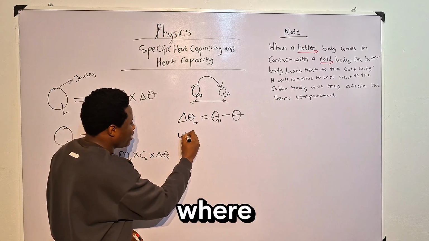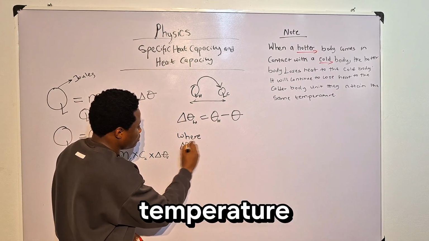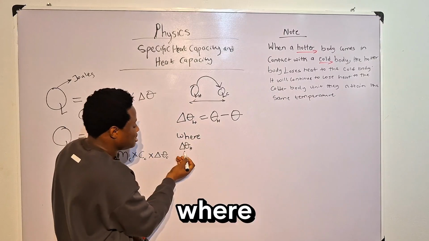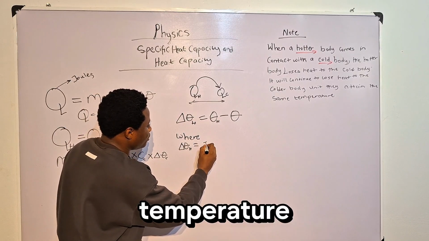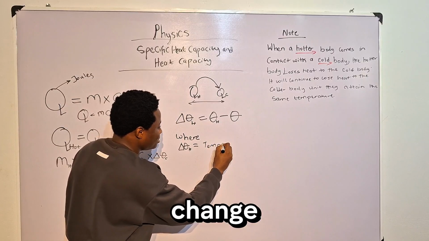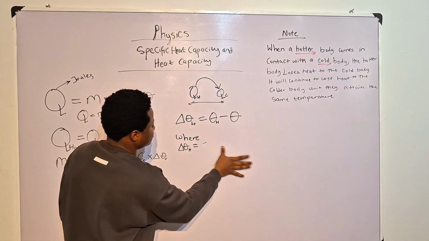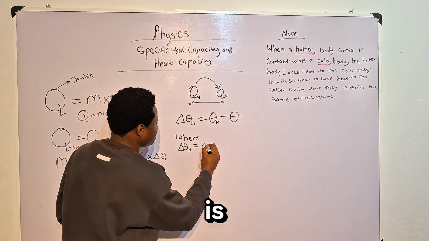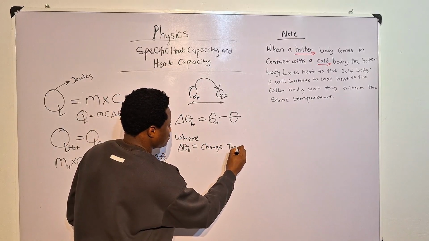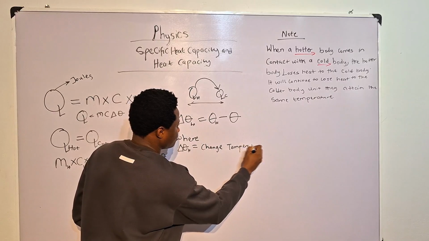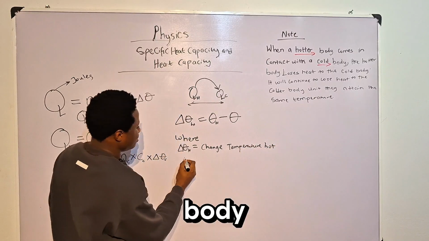So I can say, where change in theta H, the change in temperature of the hotter body, is equal to the temperature of the hotter body minus the equilibrium temperature.